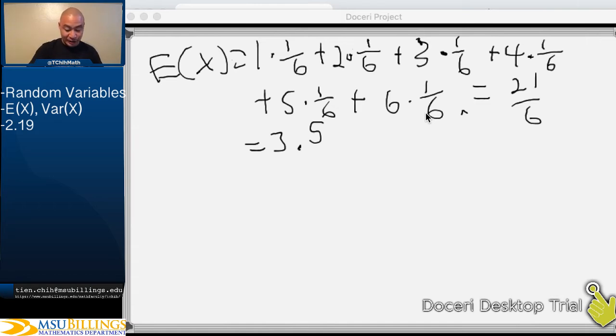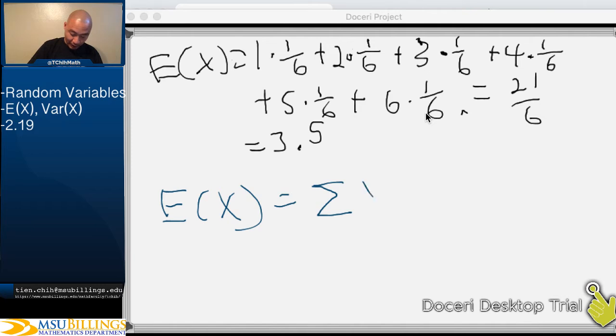And so if I wanted to generalize this rule, maybe the general version of this fact is that the expectation of X is the sum of all the possible x_i's times their respective probabilities.